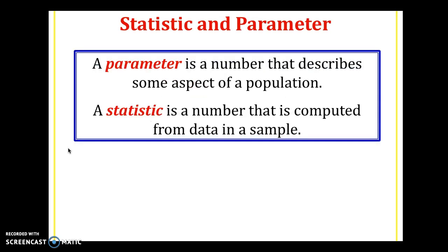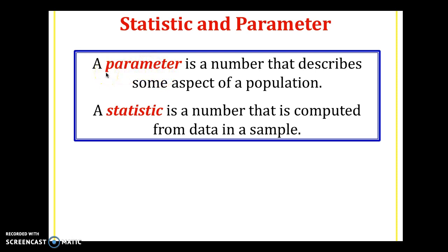Okay, new terminology from this section: a parameter is a number that describes some aspect of the population. I think the alliteration, P and P, parameter goes with population. And a statistic is a number that is computed from data in a sample. A lot of times a parameter is an idea. It's not necessarily an actual concrete number. If we think about the height of an average college student, that would be a parameter, the population mean if your population is all college students.